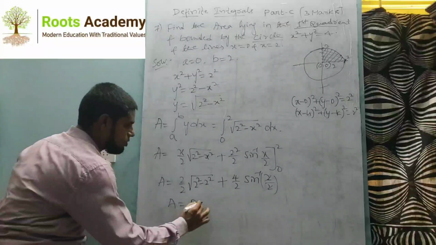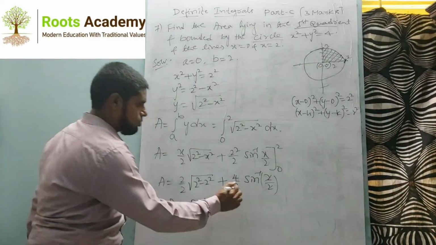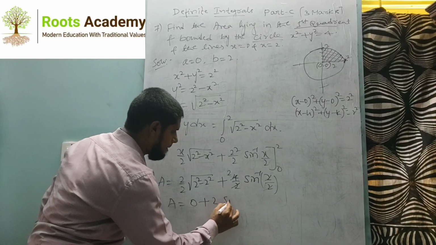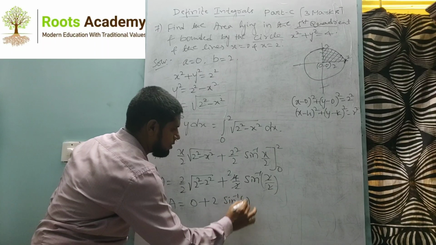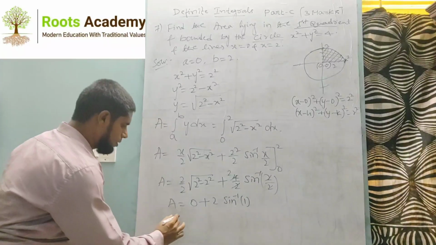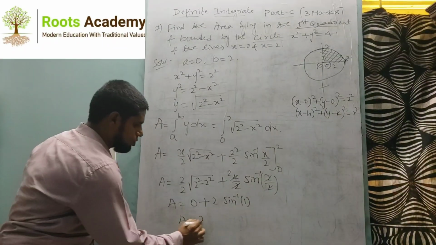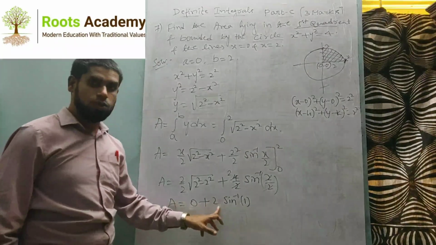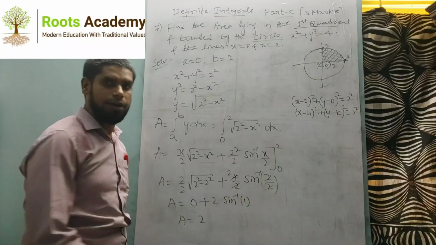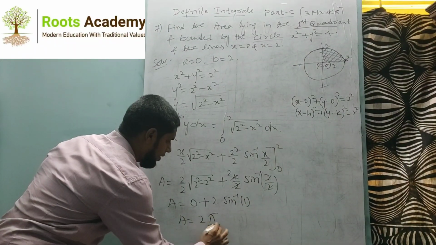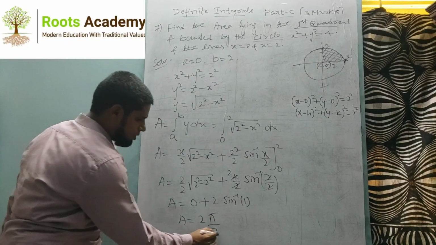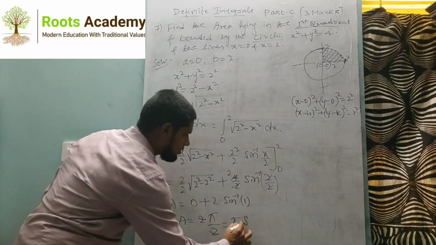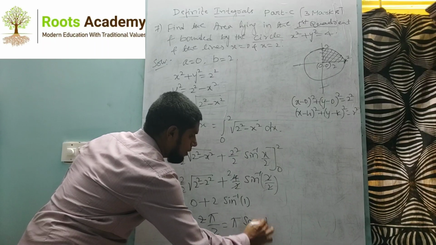So A is equals to 0 plus 2 times sine inverse 1. Neglect the 0, 2 as it is, sine inverse 1 is pi divided by 2. Now this 2 in the denominator and this 2 in the numerator get cancelled. The final answer is pi square units.